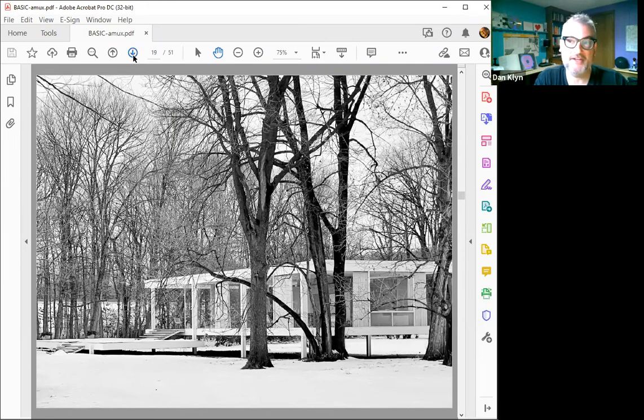Starting with the site, being next to the Fox River in Plano, Illinois. The client was a physician who had this piece of property. The architect considered many questions of boundary in developing this. One of the most basic boundaries is the floodplain.